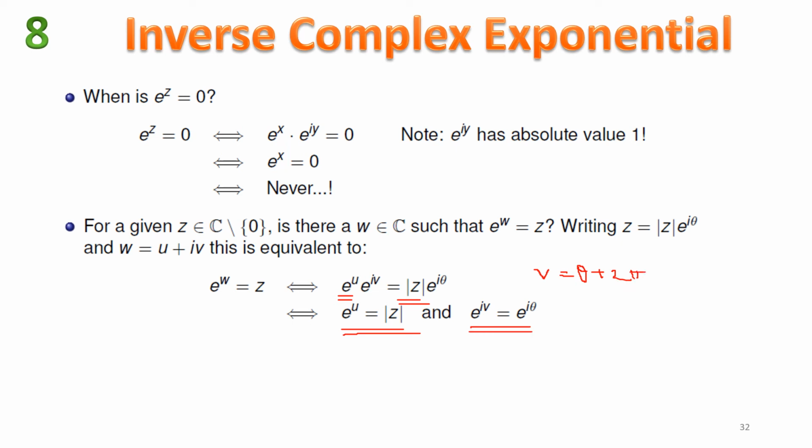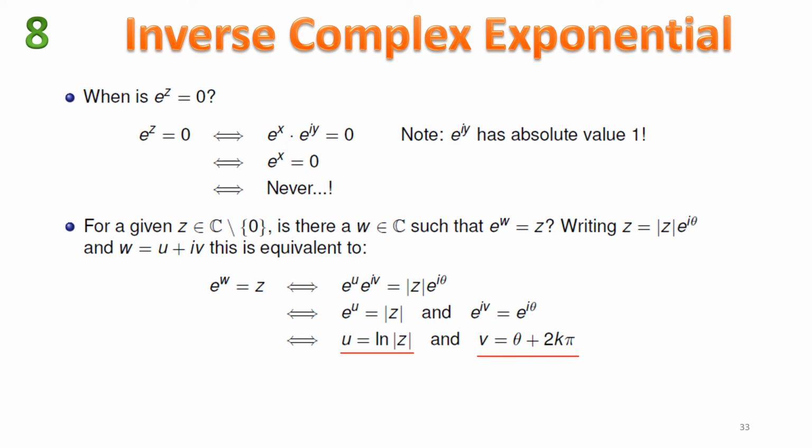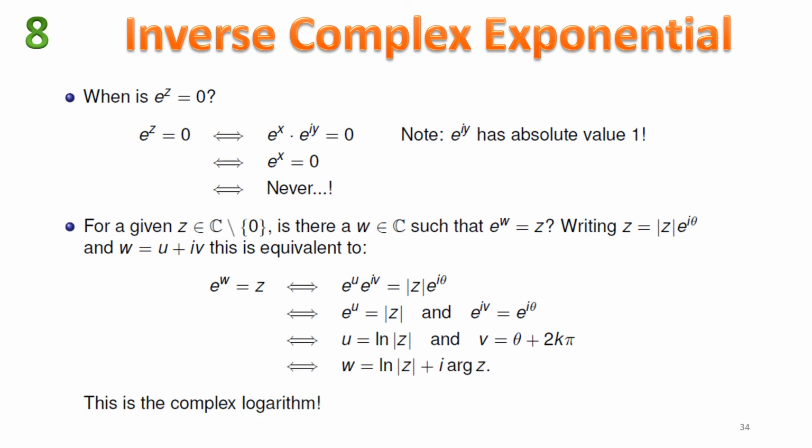Here we are taking care of all the possible cases. And then for this to be equal, you have u equal to the natural log of mod of z, and v equal to theta plus 2 pi k. And then we have w expressed in the form as the natural log of mod of z plus i times the argument of z. So this is the complex logarithm.